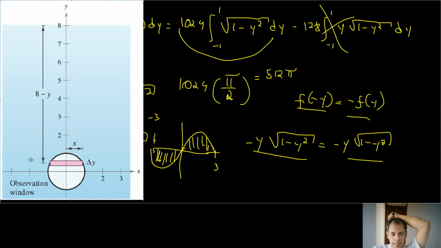These slits, and you have to calculate the force in this slit plus the force in this slit plus the force in this slit, and the force is just going to increase more and more as you go down because the pressure is increasing too. So there you go. That's it, guys. The final answer is 512 pi. 512 pi of force. This is going to be in pounds. That's it.